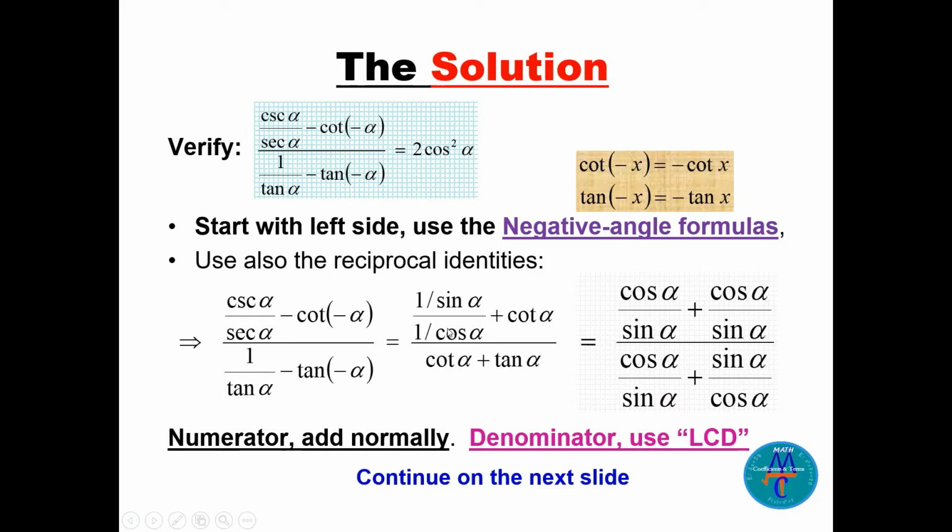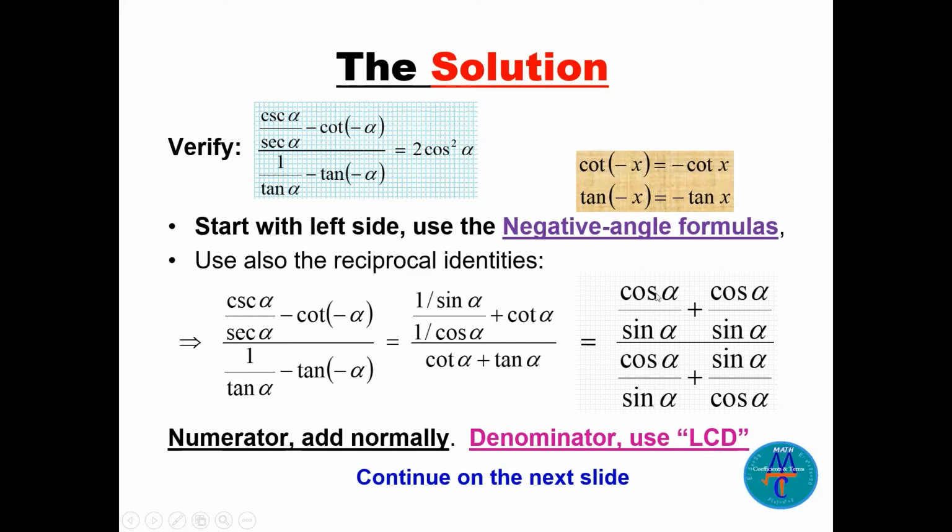This is division of two fractions. Plus cotangent of alpha, we know it's cosine of alpha divided by sine of alpha. Again here, 1 over tan of alpha, that's a reciprocal, will be cotangent of alpha. Cotangent of alpha will be cosine of alpha divided by sine of alpha, and tan of alpha will be sine of alpha divided by cosine of alpha.